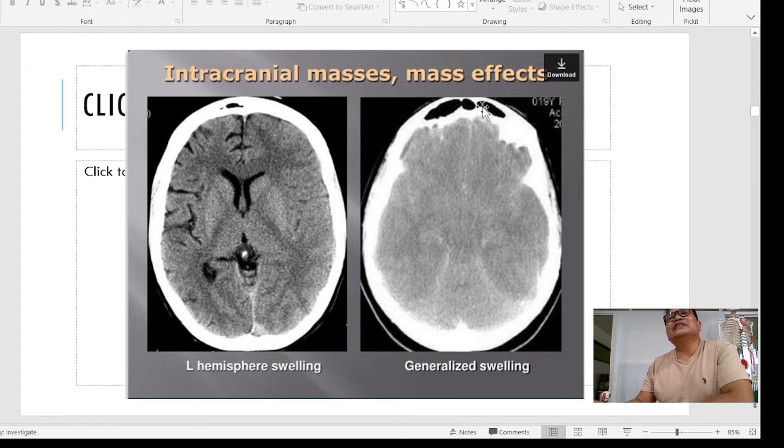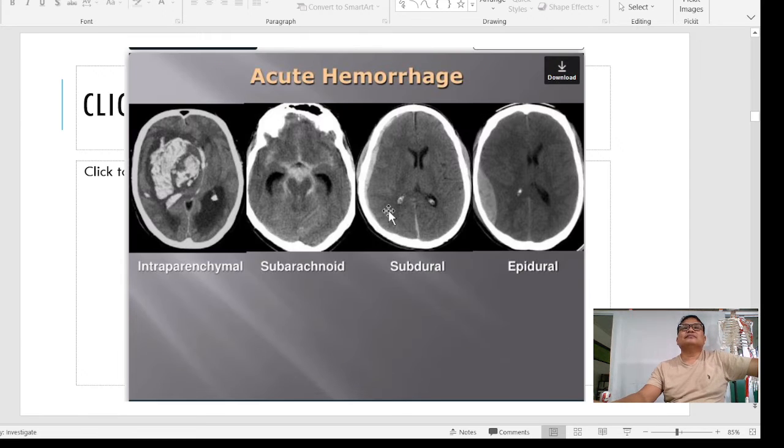Oh, these are sinuses, no? Frontal sinus. So, ang cut na niya dito level sa mata. Oh, no, above sa eye. So, this is an example of a hemorrhagic nga klase sa mga image, no? So, you have intraparenchymal. When you see parenchyma, that is within the tissue. Hemorrhage. Okay? Subarachnoid.